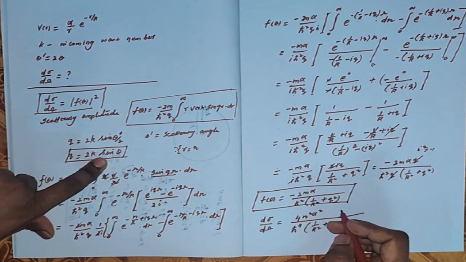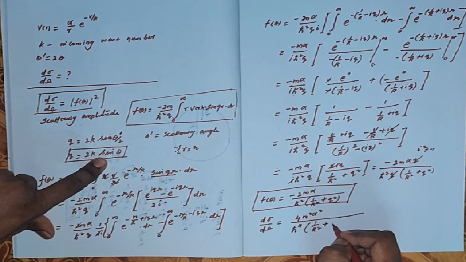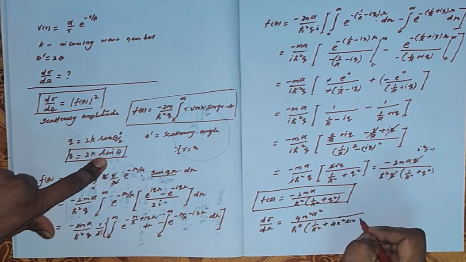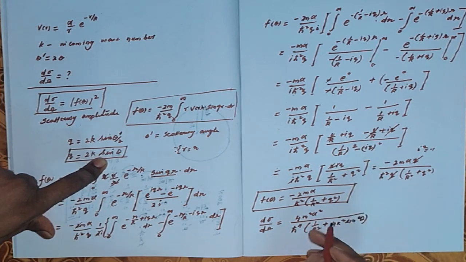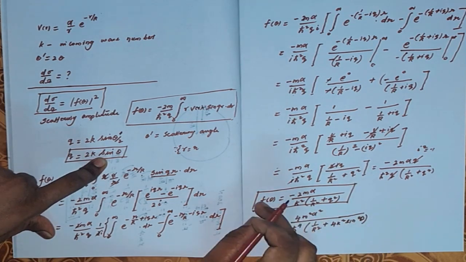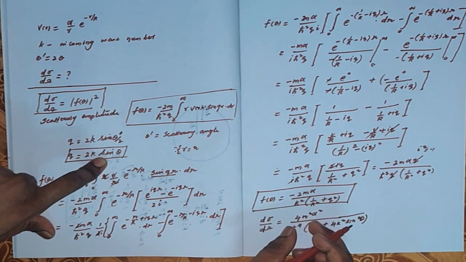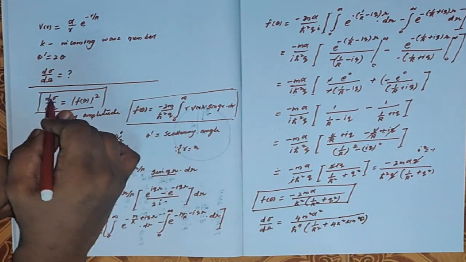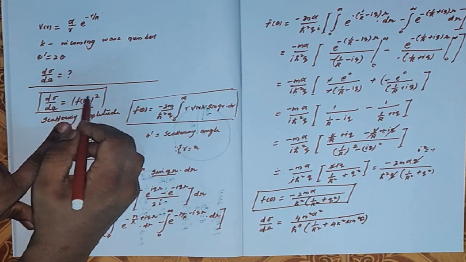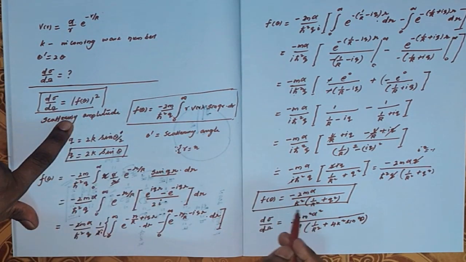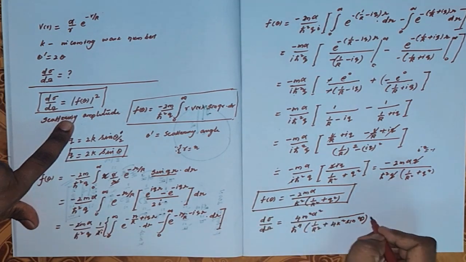If you square that, it would be 4k sin square theta, whole square, because it is f of theta whole square, that is the differential scattering cross section. Here we define d sigma by d omega as the mod of this square.